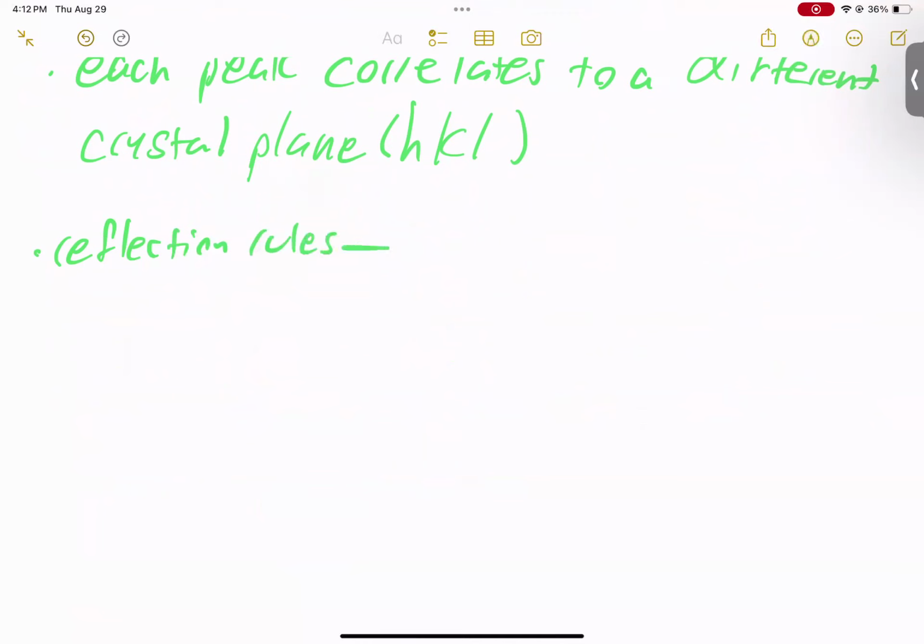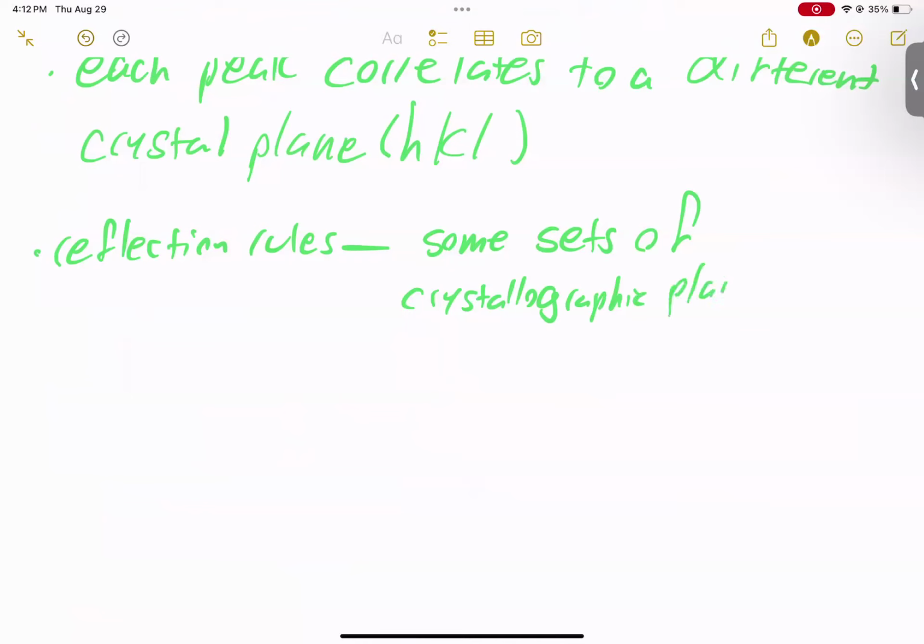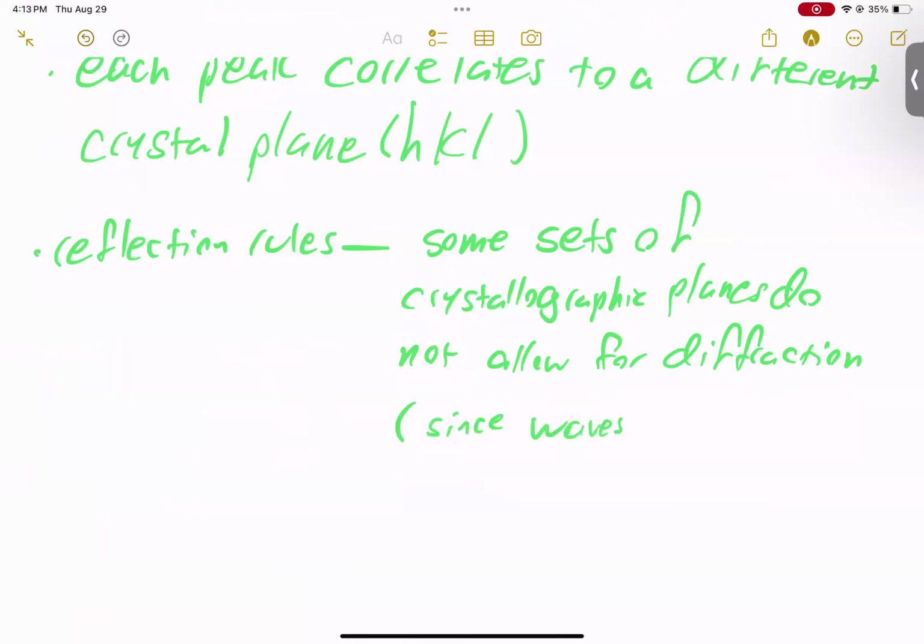Reflection rules state that some sets of crystallographic planes do not allow for diffraction to occur, because we have out of phase scattering, since waves will be out of phase.